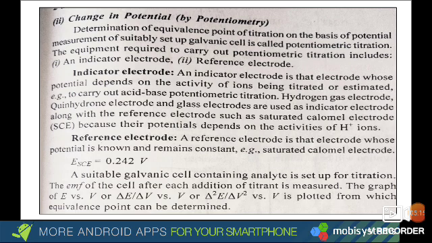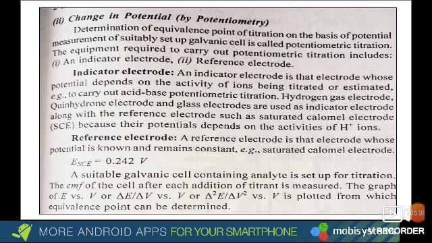To carry out acid base potentiometric titration, hydrogen gas electrode, quinhydron electrode and glass electrode are used as indicator electrodes. So in the case of potentiometry there are three types of indicator electrodes: the quinhydron electrode, the hydrogen gas electrode and the glass electrode.